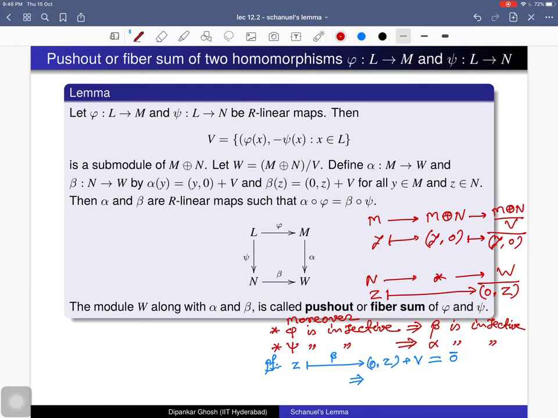Then we can verify that this diagram is commutative. Coming this way is the same as coming this way. How do we verify that?